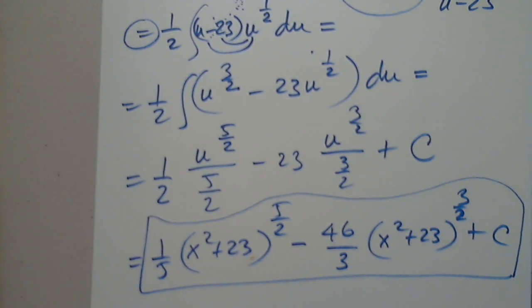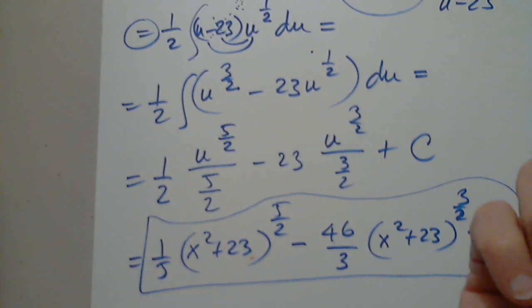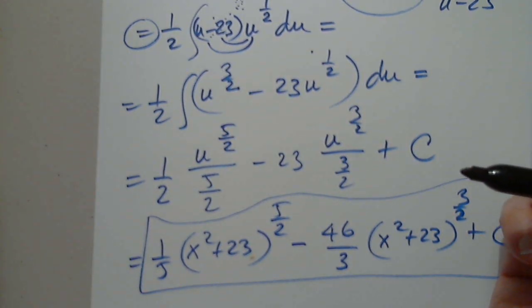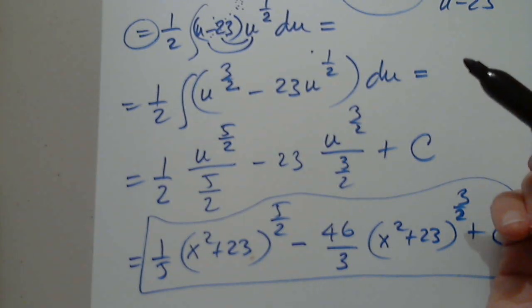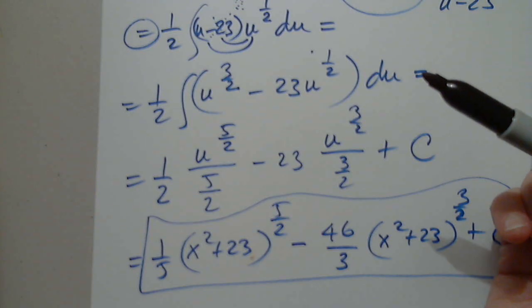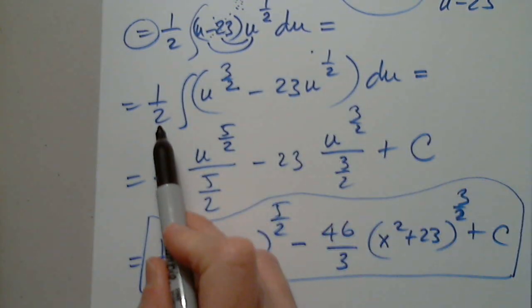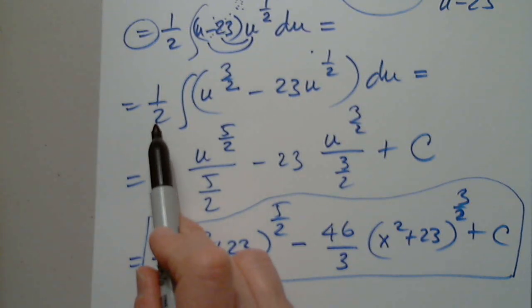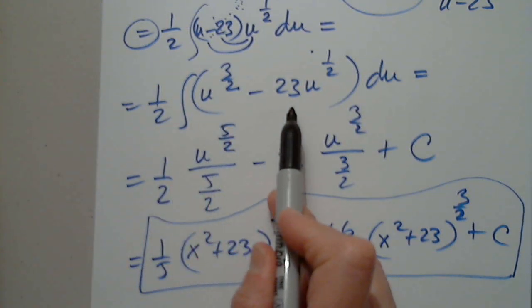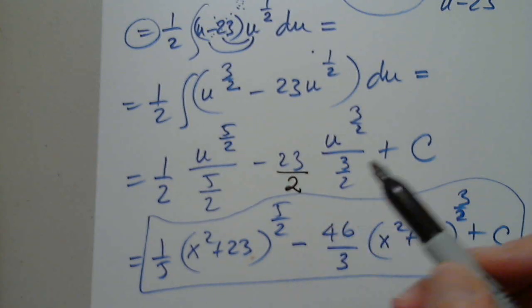Oh, I know what I did. I just saw it. If you want to stop sharing for a second, Amanda. My fault. So here's what I did. I distributed 1/2 here, but I was supposed to distribute 1/2 here as well. To the 23, yeah.